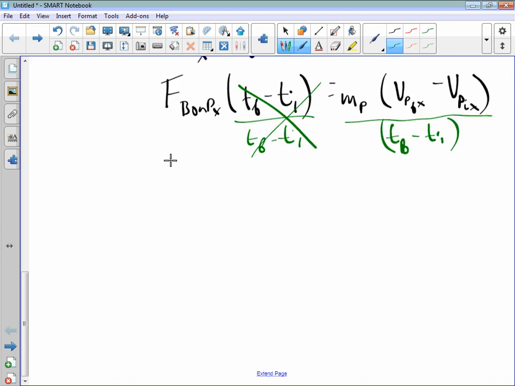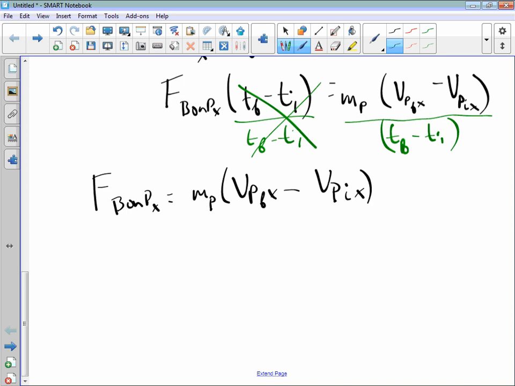We end up with force of the bag on the person in the x direction is equal to mass of the person times velocity of the person final in the x direction minus velocity of the person initially in the x direction, over t final minus t initial. Now we can actually put in numbers and get a value. The mass of the person is 60 kilograms.